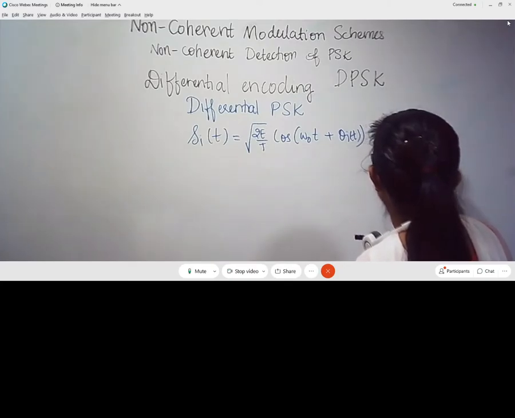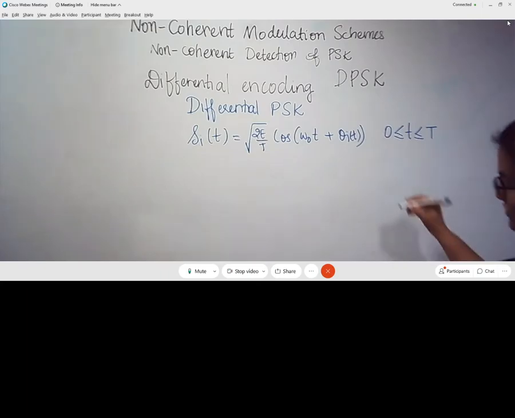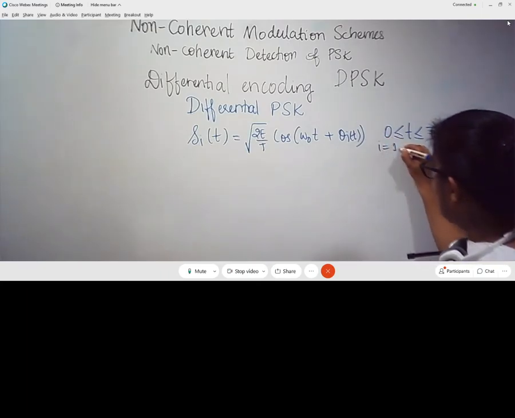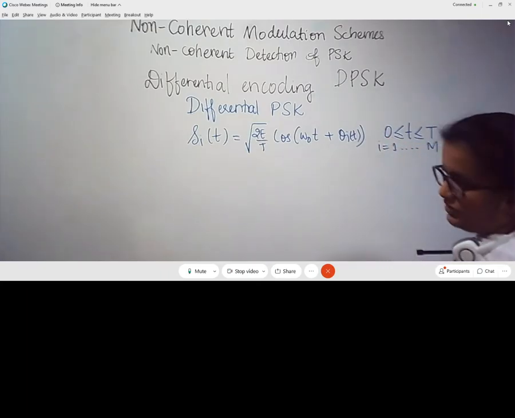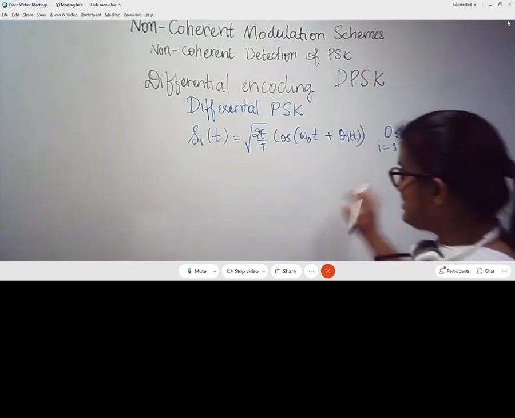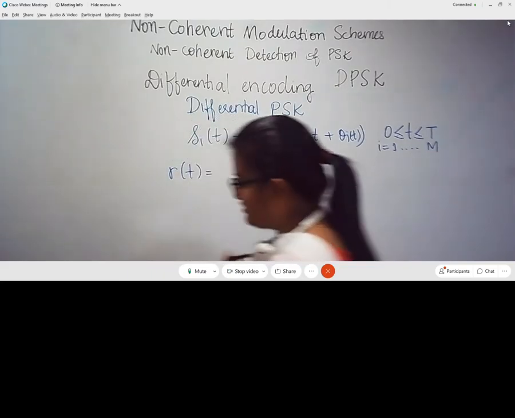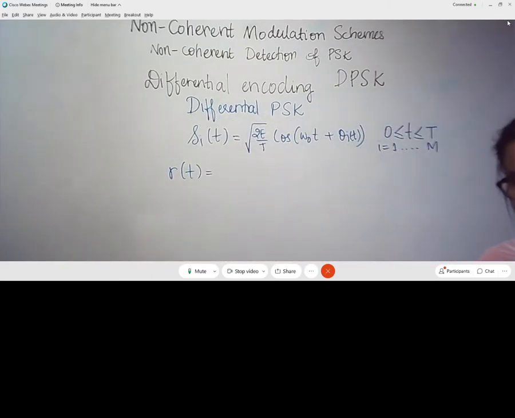This is sent across the channel over a symbol period 0 to T, and i can take any value from 1 to M. These are the PSK modulated symbols.